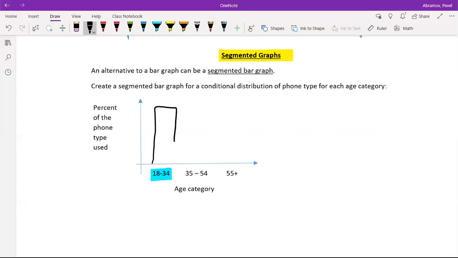We're going to create one big bar, and that's going to be 100%. That's the percent of the phone type used. Then I'm going to break this bar into different segments. So let's go by 25%: 25, 50, 75, and then 100.